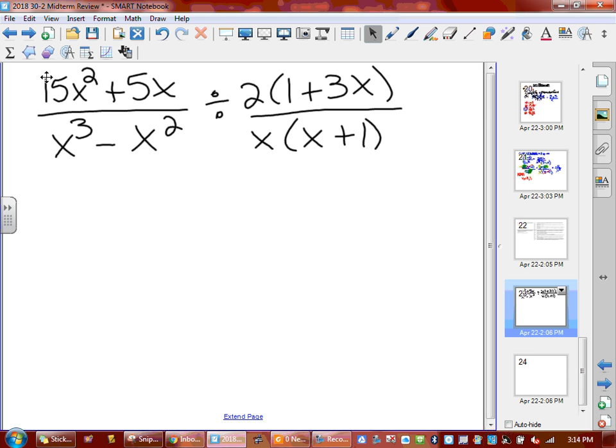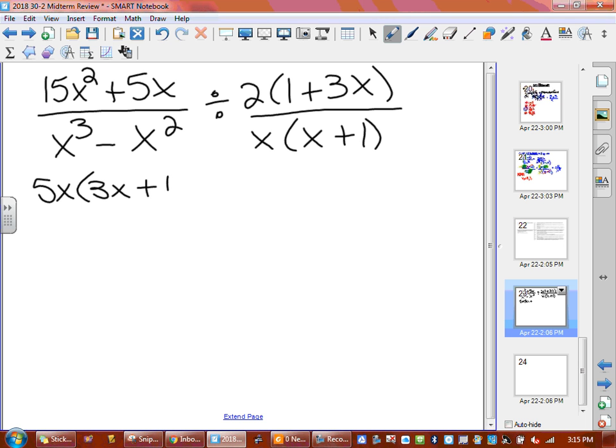So the first thing we need to do is factor the left-hand side. Okay, that's our very first step. So, what can we remove from the top left hand? A 5x, good. So we can divide 5x out. 15 divided by 5 leaves us 3x left over. What's 5 divided by 5? 1, good. Plus 1. All right, we got the top factored.